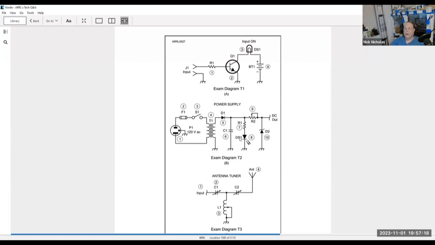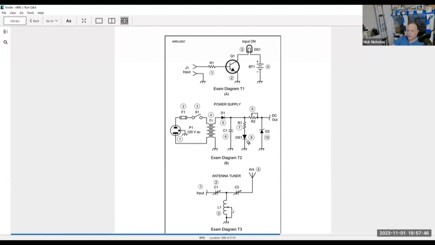I'm going to go through T3. T3 is actually an antenna tuner. Okay. It's a very simple device. A manual antenna tuner has an input. It goes into the input variable capacitor, a tuning capacitor.